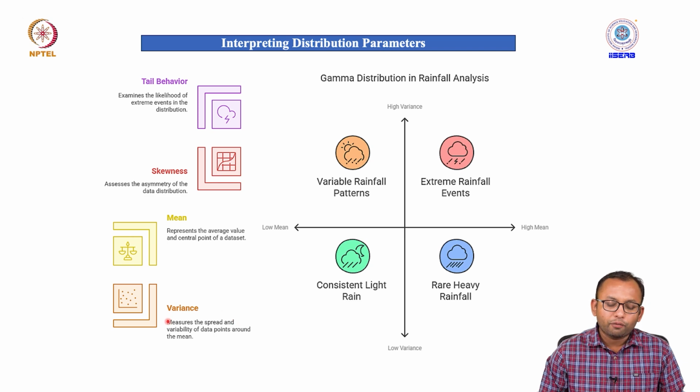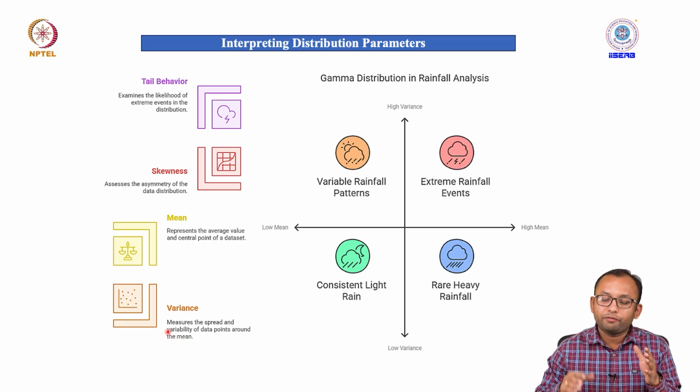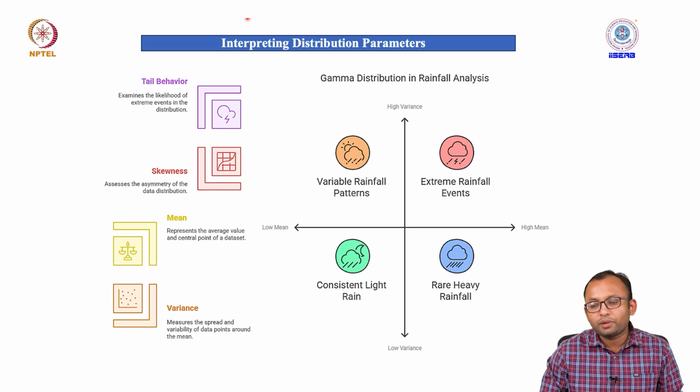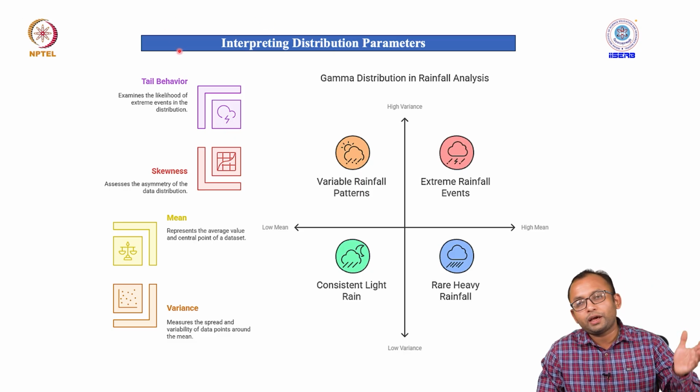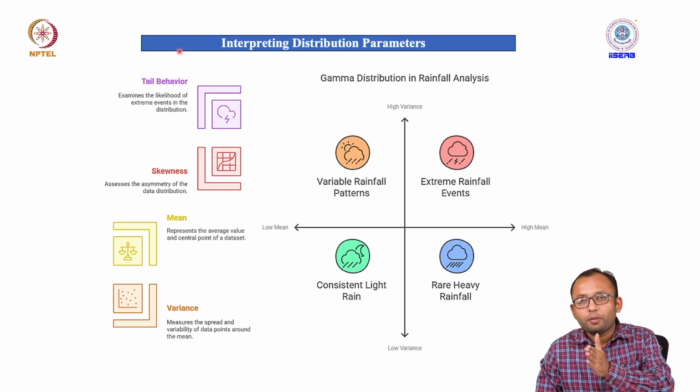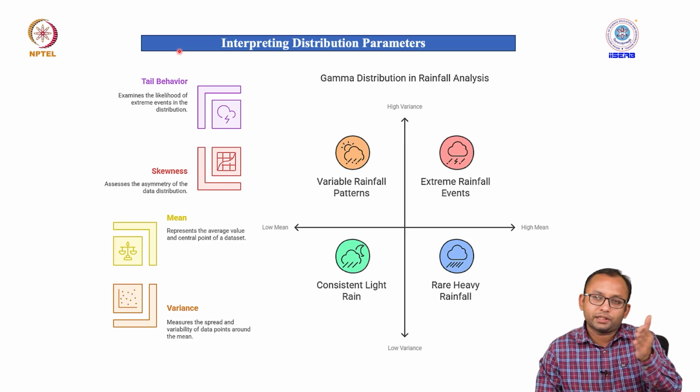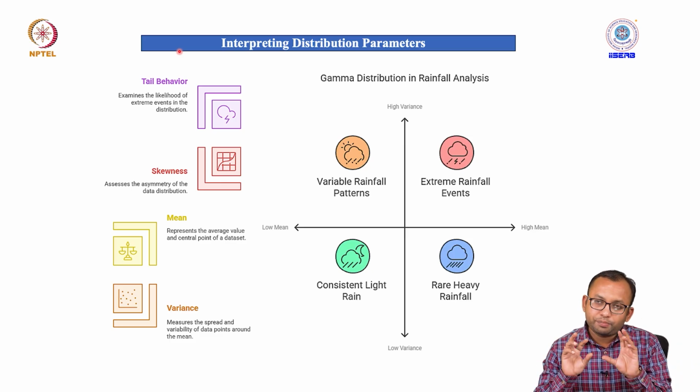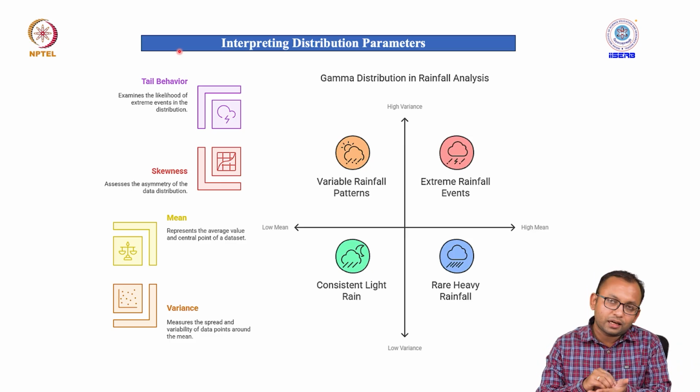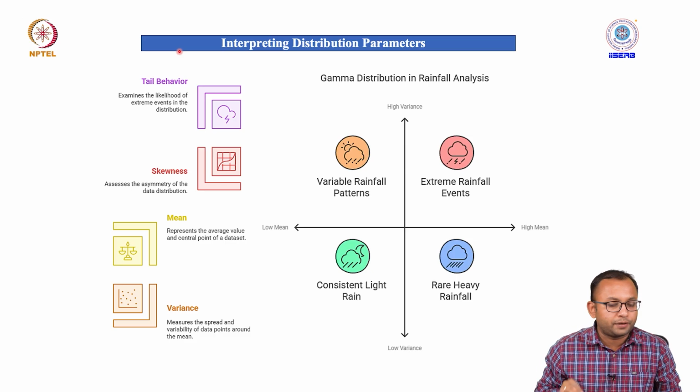Then we also look at the variance, the variability in the data set around the mean or the median, and then we also calculate the total variability of the data set. So, these are some of the properties we calculate once we have identified the probability distribution function, estimated the parameters, and identified that this is the probability distribution function suitable for fitting our data set.